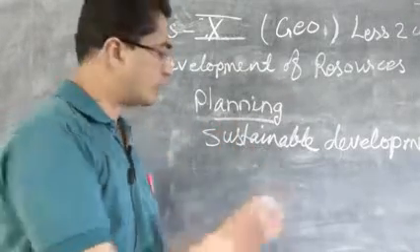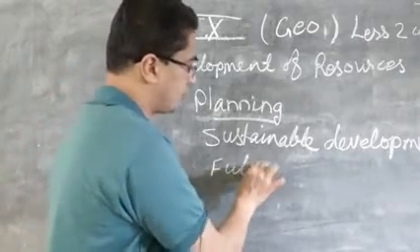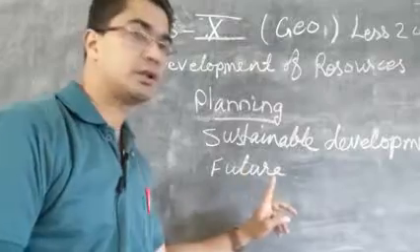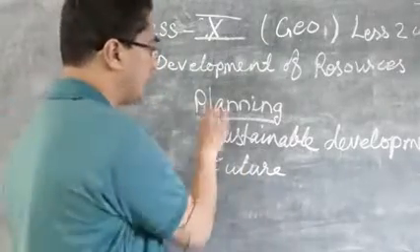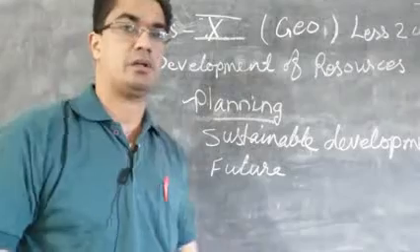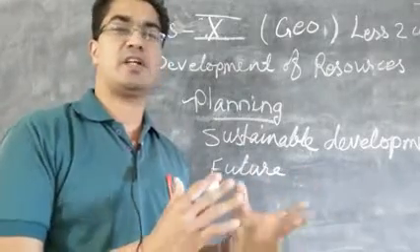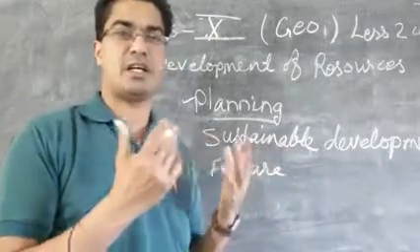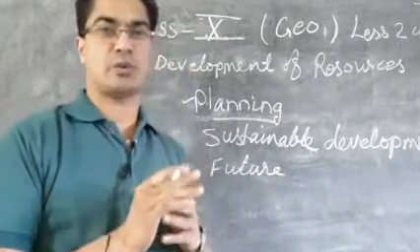That means we need to think about the future as well, not only the present time. Then only can we really say we are doing the planning. So people who have no planning, what will they do? When they have plenty of money, they will spend it lavishly and survive. And afterwards their money will get over, and they do not know what to do.